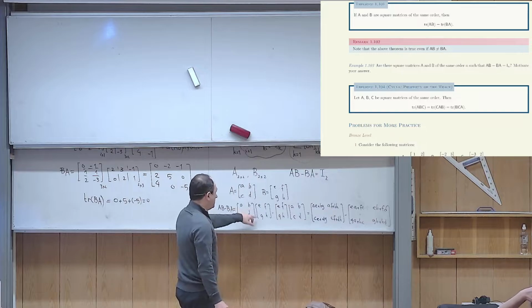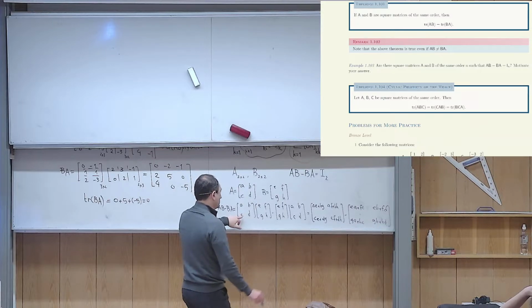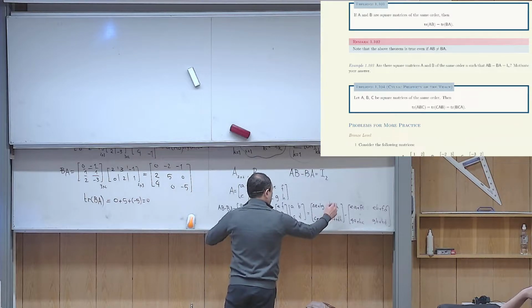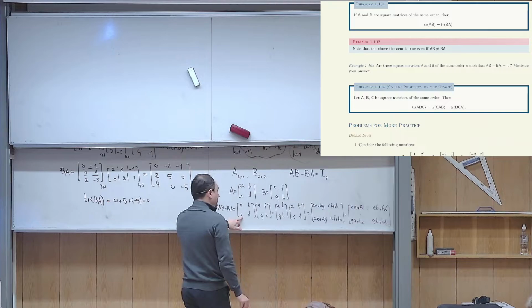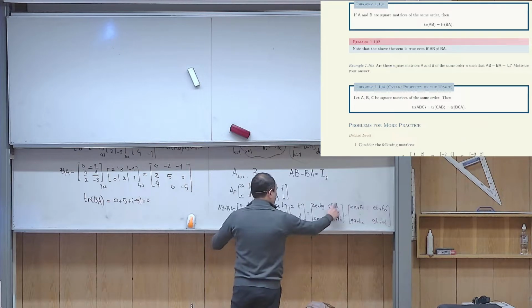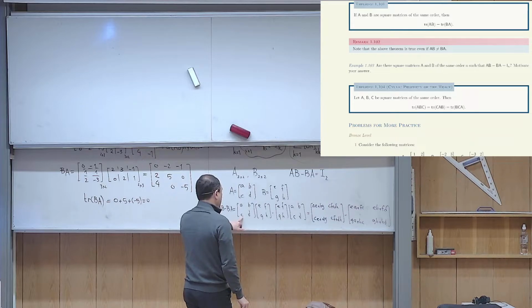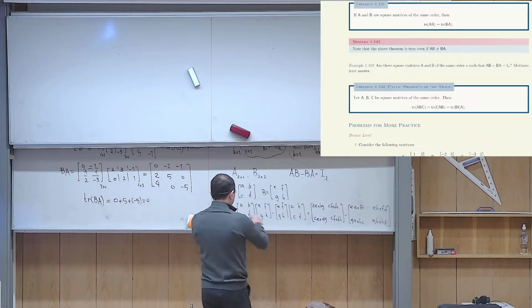So AE, BG, AF, BH, CE, DG, okay, that's wrong. CF plus DH, I don't know what I have written here. Yes, CF, DH. No, that was correct.